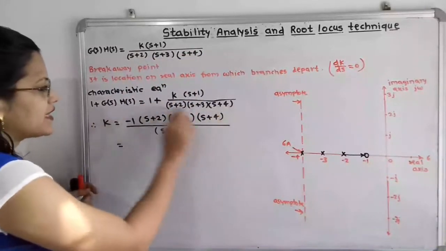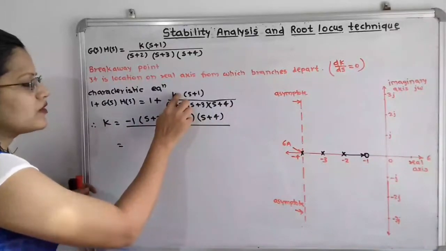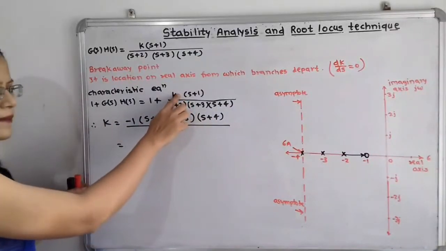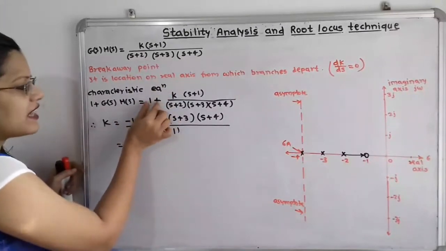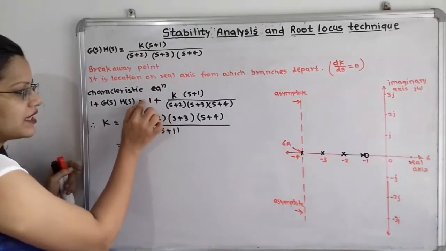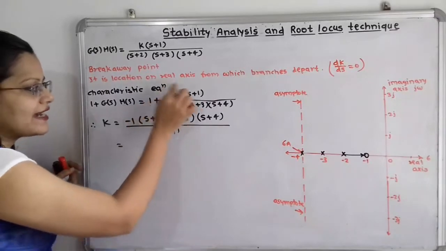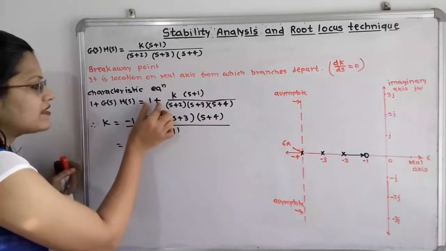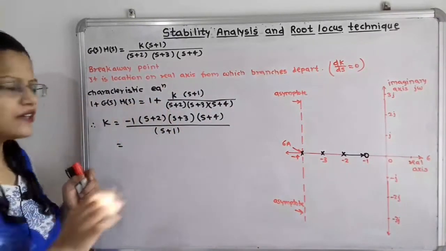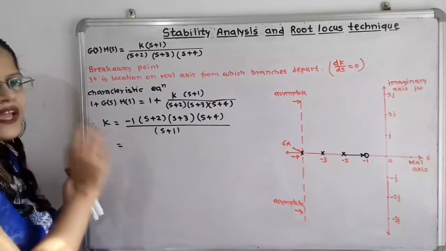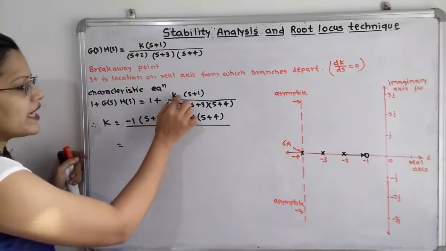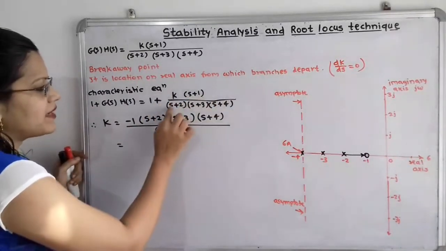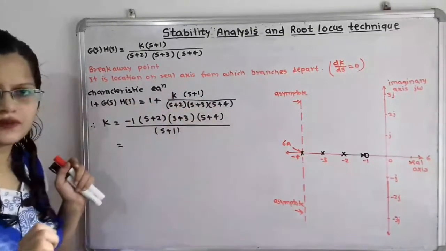Now from this characteristic equation we have to take the value of K. How to take the value of K? For that I will transfer this plus 1 to the other side, so it will become minus 1. Minus 1 is equal to K(s+1) divided by (s+2)(s+3)(s+4).